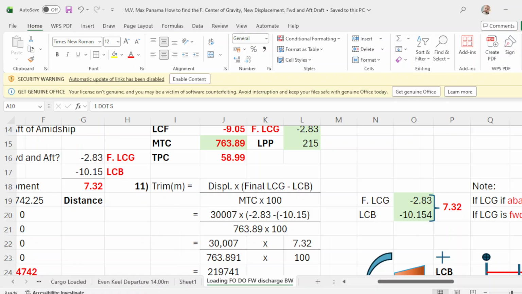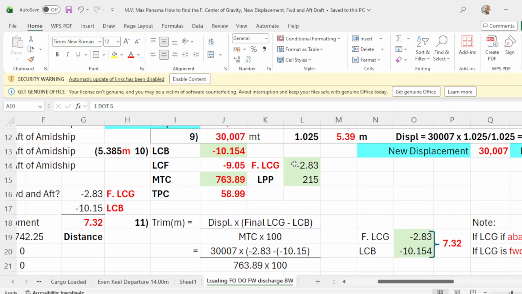With this drop, displacement is 3007, which is this one, times your final LCG, negative 2.83, minus your LCB of negative 10.15. Then the value would be 7.32.